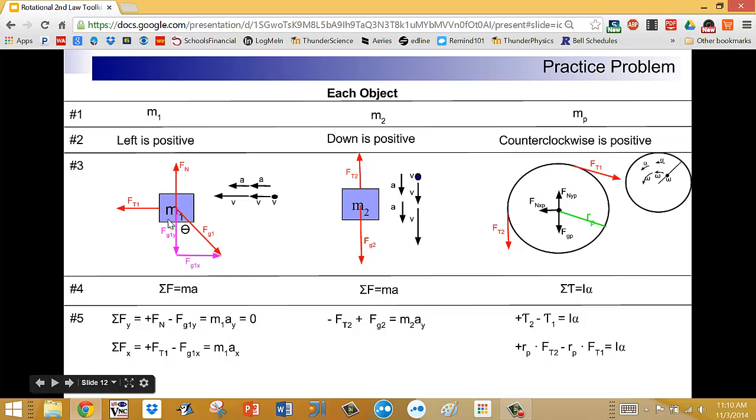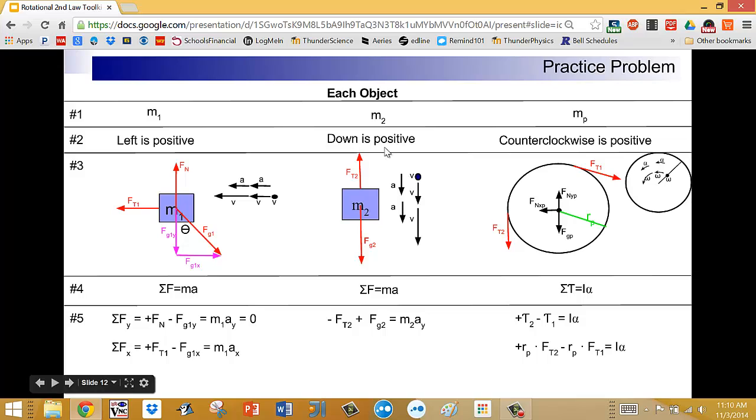In the horizontal, we're calling to the left positive, so FT1 is going to be positive, minus Fg1x, which is negative. They're going to equal some net force, M1 times ax. So there's going to be some net horizontal force.